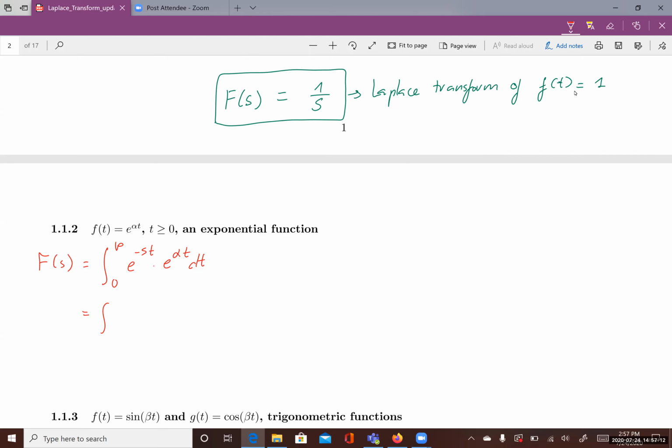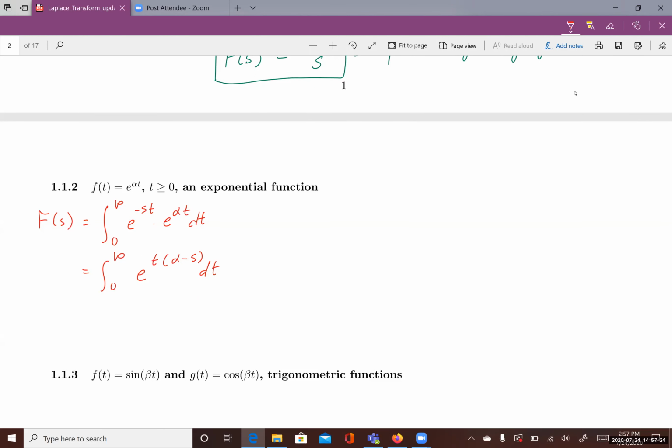You combine these two together, so you have e to the t times alpha minus s dt. And again, you convert this into a limit problem when you take a to infinity, and this is going to be the integral from 0 to a of e to the t times alpha minus s dt.